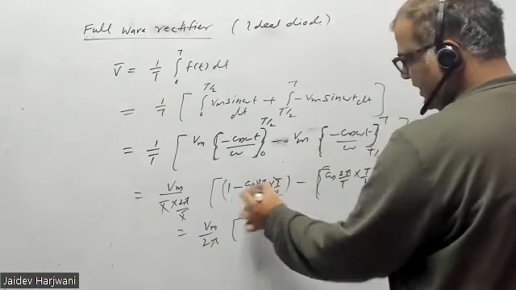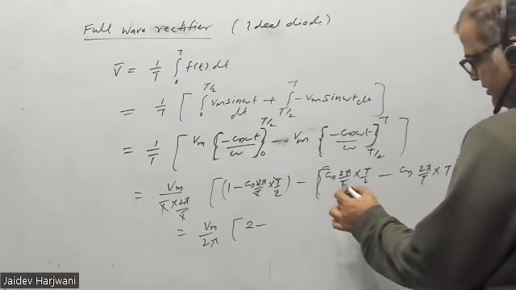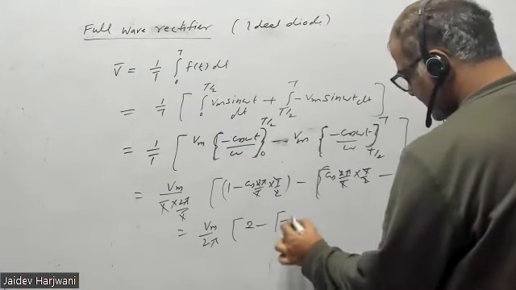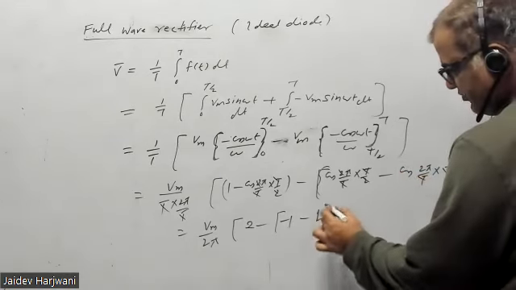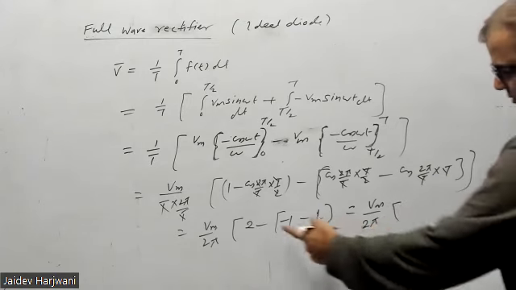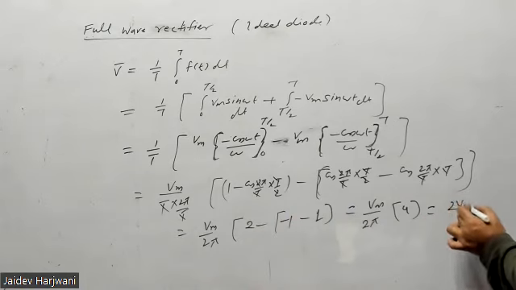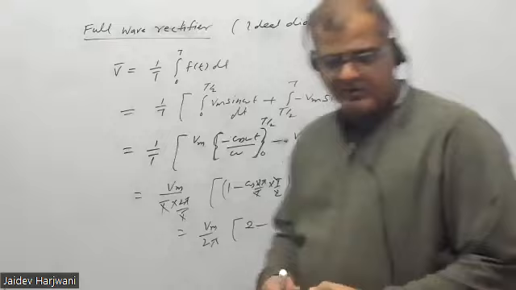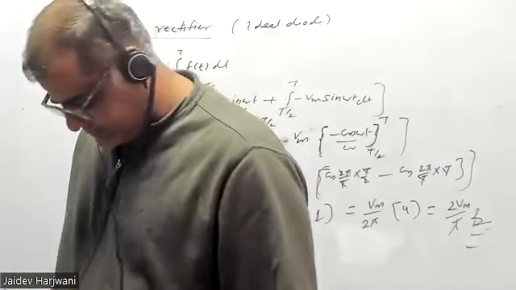This minus 1 becomes 2, minus this becomes cos pi, minus 1, and this is what, minus cos 2 pi is 1. So this Vm upon 2 pi, and this becomes 2 minus 2, 4. So this becomes 2 Vm upon pi. This is double your half wave rectifier.